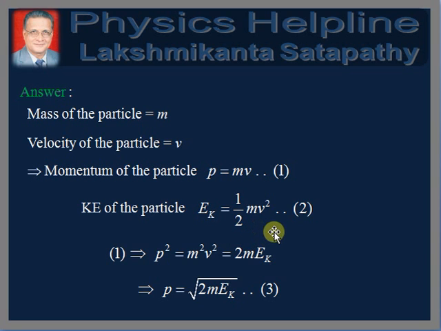From equation 1, we get P square is equal to m square v square. Now, from half mv square, we get m square v square by multiplying by 2m. Therefore, we get P square is equal to m square v square, which is equal to 2 m Ek, which gives P is equal to root over 2 m Ek.